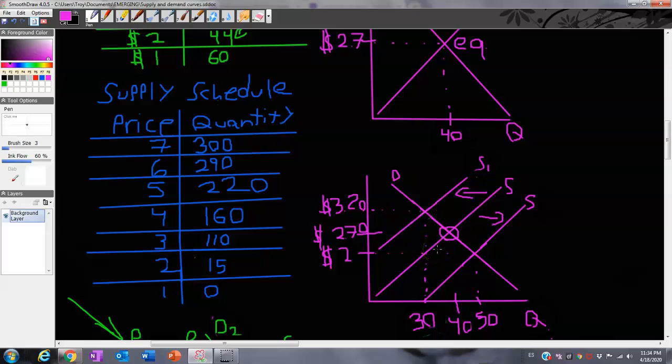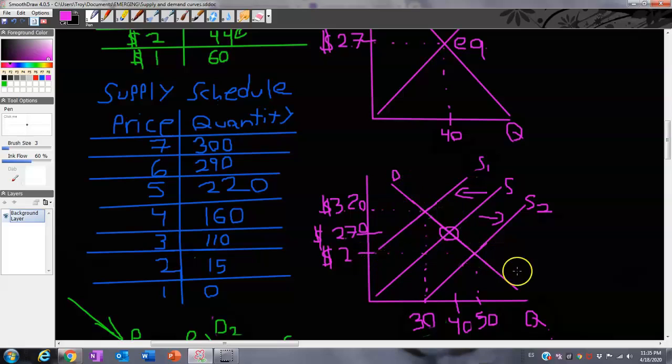Now, conversely, let's say OPEC now gets into a price war with each other, and they're trying to outproduce the others, and so, yeah, that happens. So now we have the supply line shift, and what we're going to see is the opposite, right?